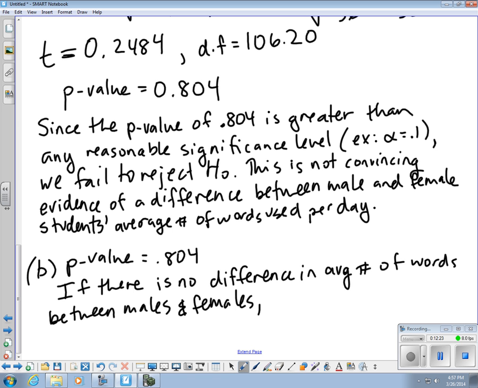okay, so that's saying if the null hypothesis is true, then remember the p-value is a probability of getting a sample like the one we got as far apart.